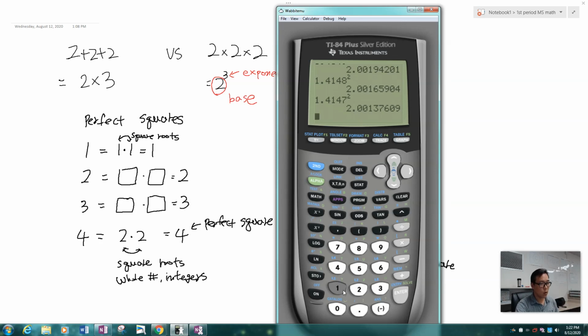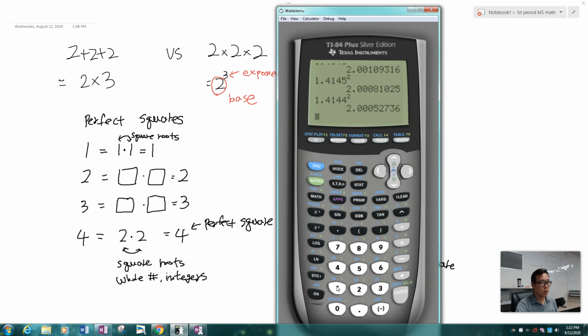So I go by 1.4146 squared. Oh, still bigger than 2. So 1.4145 squared. Still bigger than 2. So 1.4144 squared.